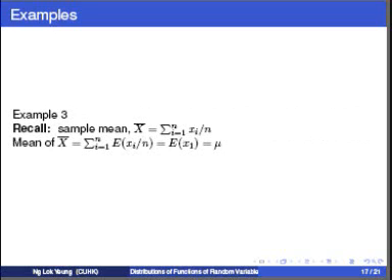With the above theorems, we can look at another example, which talks about the mean, variance, and MGF of the sample mean of samples coming from a common distribution of mean mu, variance sigma squared, and moment generating function M(t). To recall, the sample mean X bar equals the sum of Xi's over n. The mean of X bar is the sum of expected values of Xi's over n, which equals the expected value of X1, and thus equals mu.